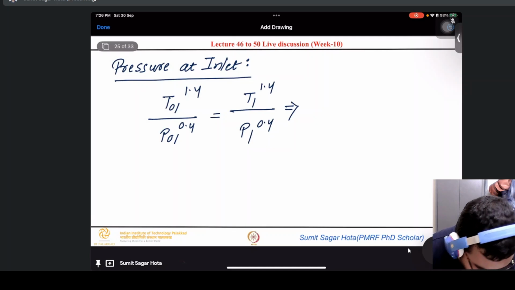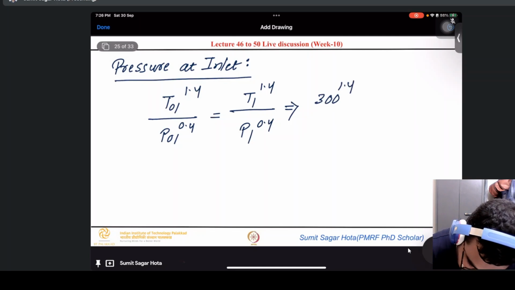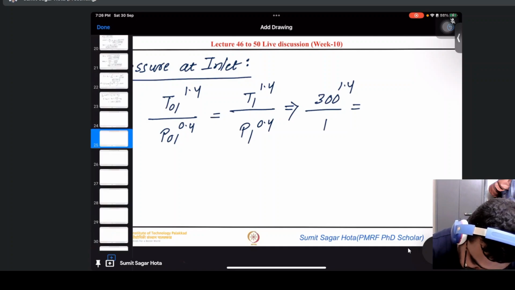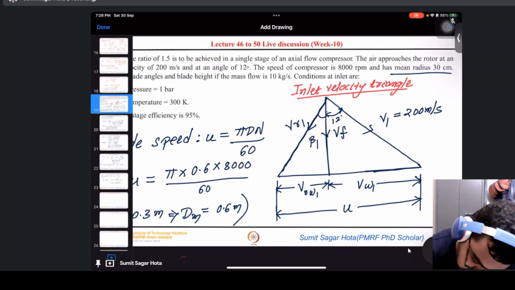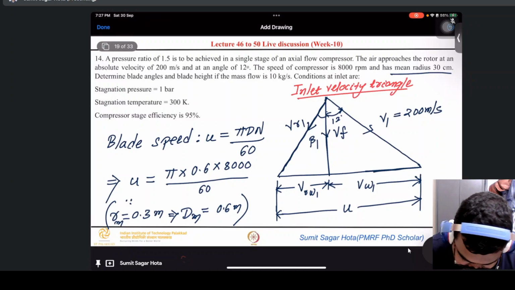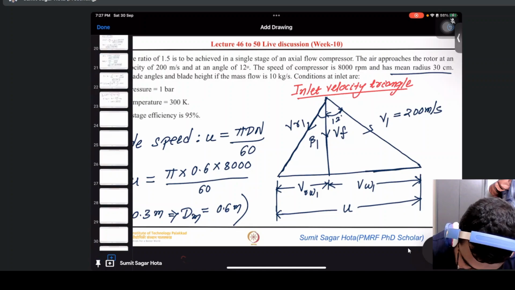What is T01? 300. P01 is given as 1 bar, stagnation pressure 1 bar. Stagnation temperature 300 Kelvin and compressor stage efficiency 95%.